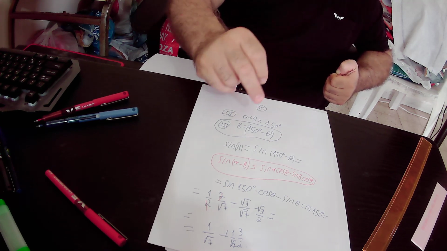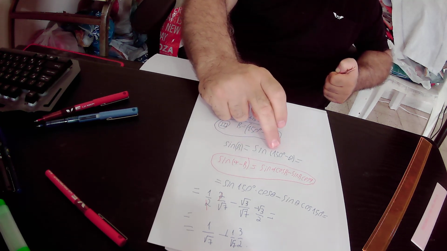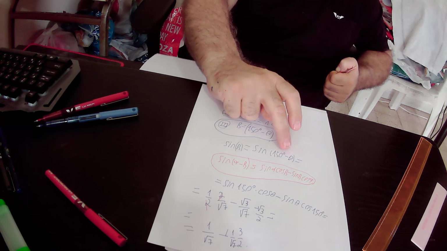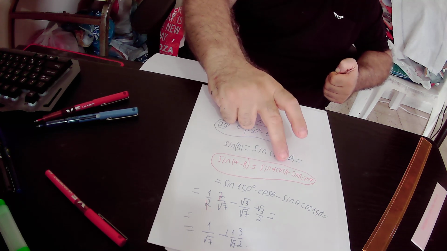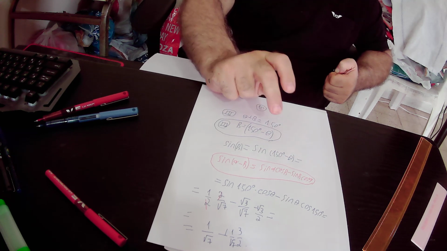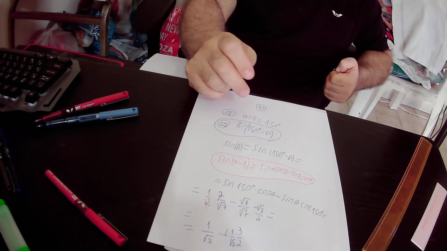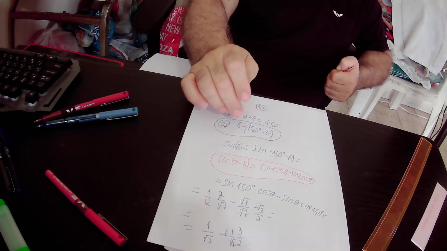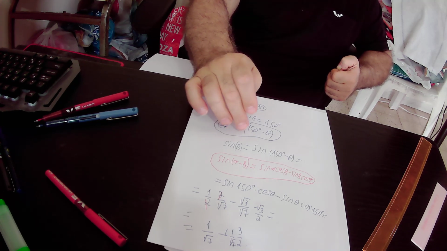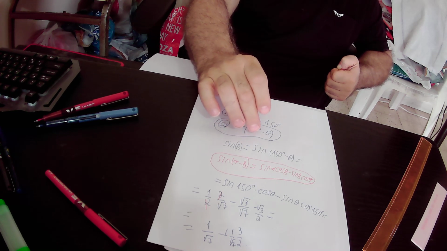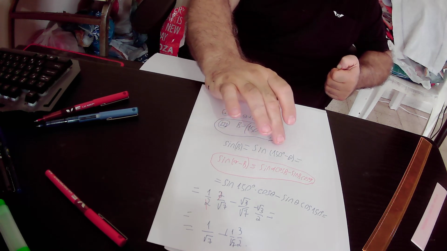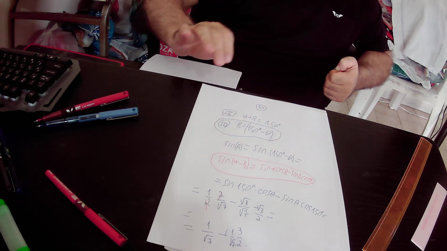So we substituted alpha by 180 degrees and beta by theta. So we actually found the value of sine beta, because sine beta equals sine of 150 degrees minus theta.